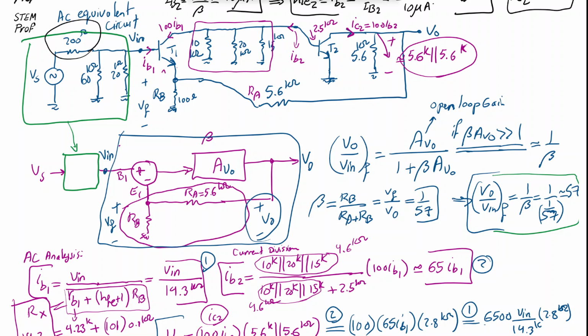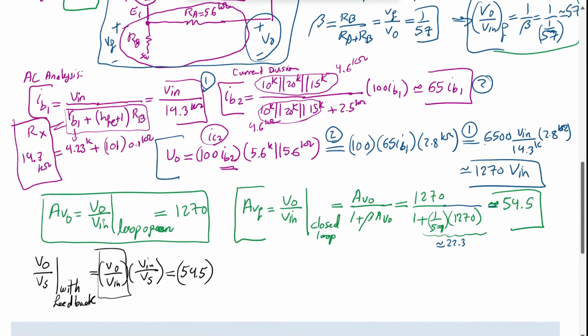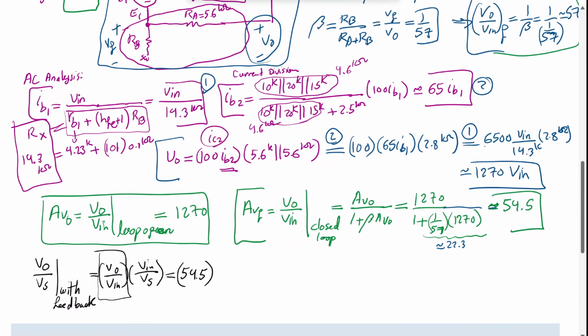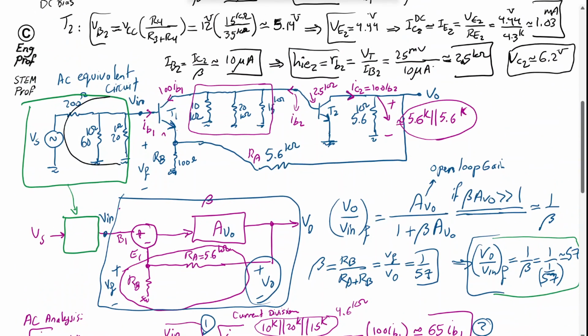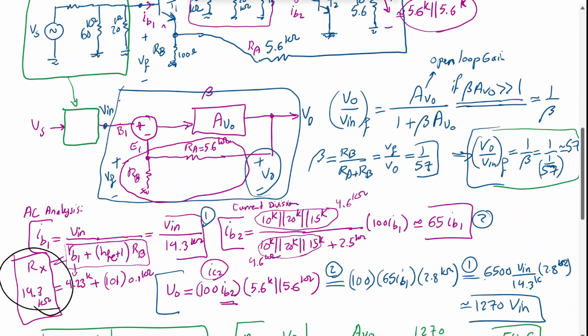And 200 is small enough so that we can say effectively Vs appears at Vin practically. So I expect Vin over Vs to be close to 1, but let's do it then. So it's going to be 54.5 times Vin over Vs, which is just 20 and 60 in parallel, and then parallel with the value of Rx that we found, 14.3K.